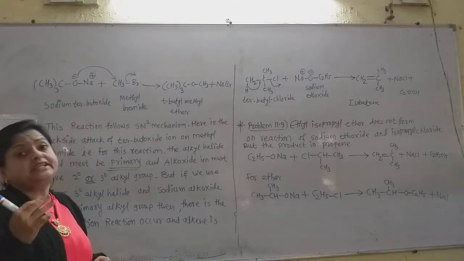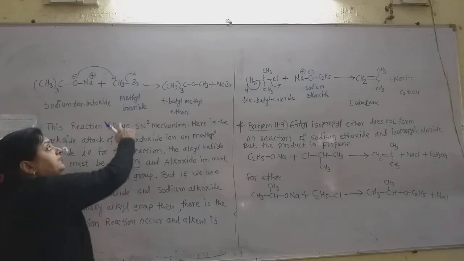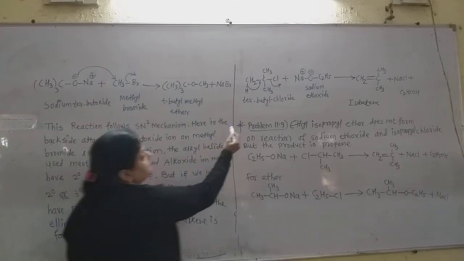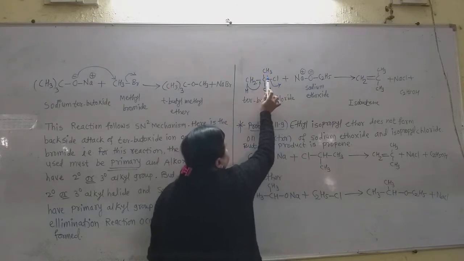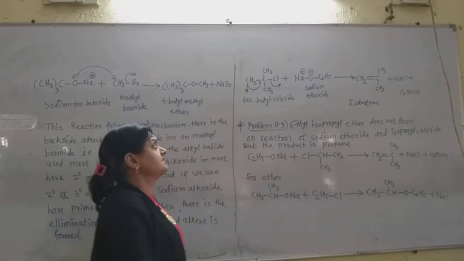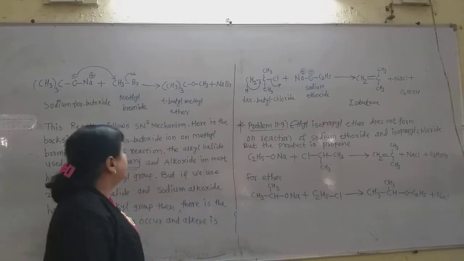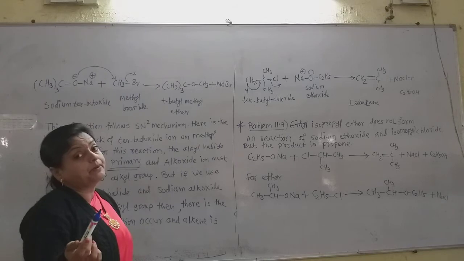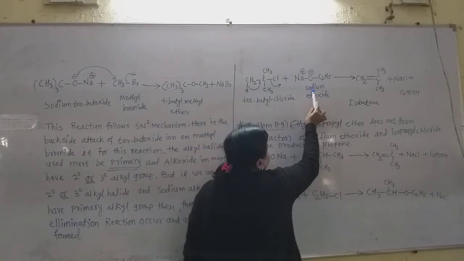But if the opposite is the case, suppose we use a tertiary alkyl halide. If we use the tertiary alkyl halide in this way, tertiary butyl chloride, CH3, CH3, CH3 attached to the chlorine. This is the tertiary alkyl halide, the tertiary butyl chloride. And we use a sodium alkoxide having a primary alkyl group, such as sodium ethoxide.